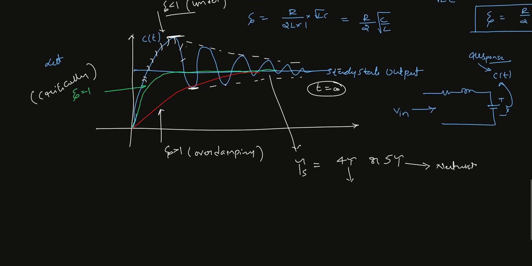In the case of an overdamped system, you can see the response is taking more time. It is not reaching at 4 tau, it is taking more time to reach the steady state value, so that's why it is called sluggish. Because it is taking more time to reach the response.